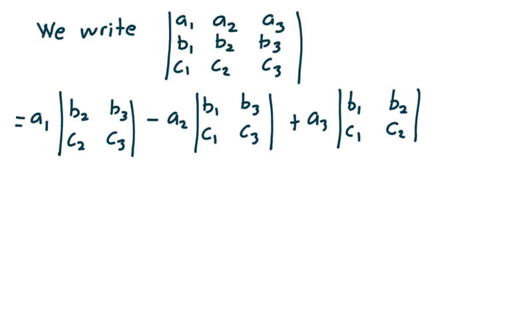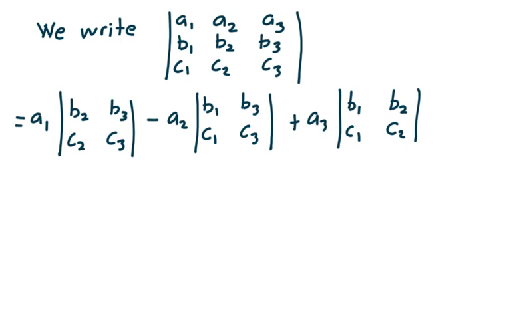We write the following: the determinant of the matrix A1, A2, A3, B1, B2, B3, C1, C2, C3 equals A1 times the determinant of B2, B3, C2, C3, minus A2 times the determinant of B1, B3, C1, C3, plus A3 times the determinant of B1, B2, C1, C2.